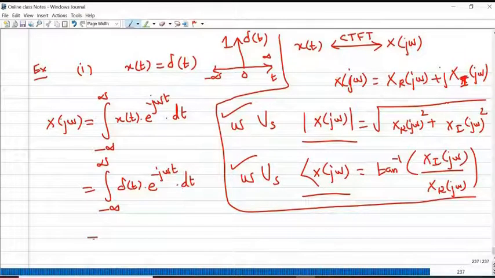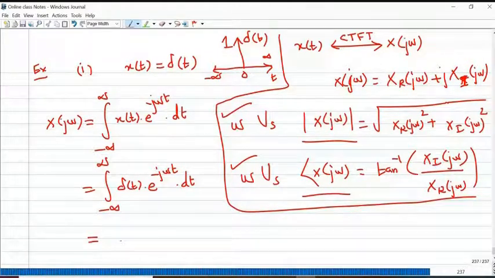We have already discussed in unit 1 how to solve integration related to the del function. Okay. So del of t times e power minus j omega t, this product is valid at t equal to 0 point only. We cannot apply lower limit, upper limit, and this entire product is valid exactly at t equal to 0.